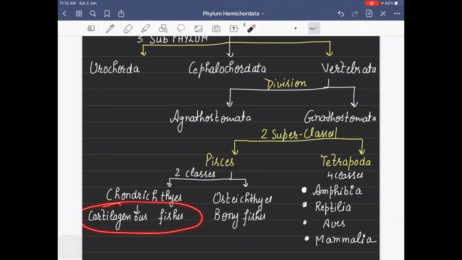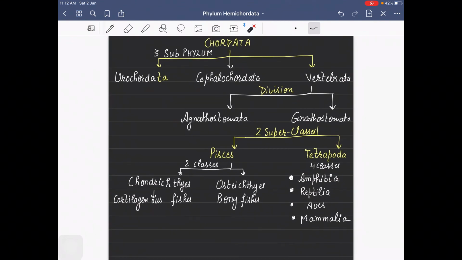Chondrichthyes are cartilaginous fishes, Osteichthyes are bony fishes. And Tetrapoda is further divided into four classes: Amphibia, Reptilia, Aves and Mammalia.